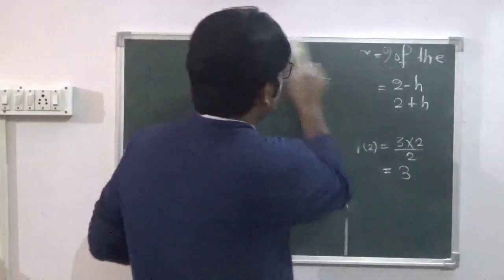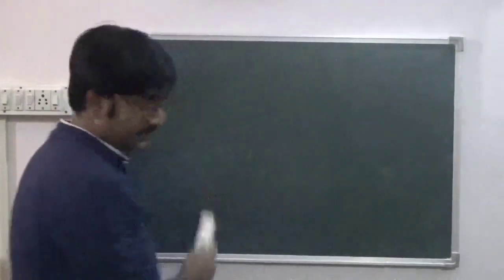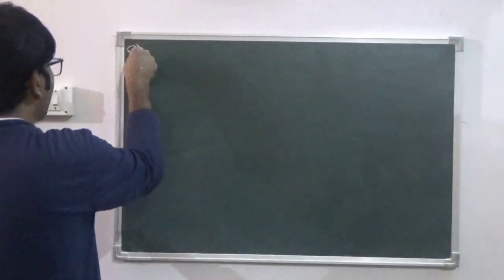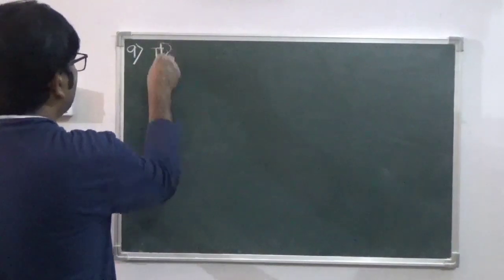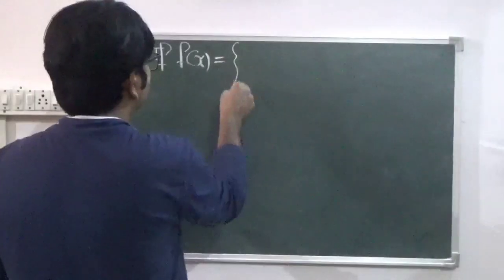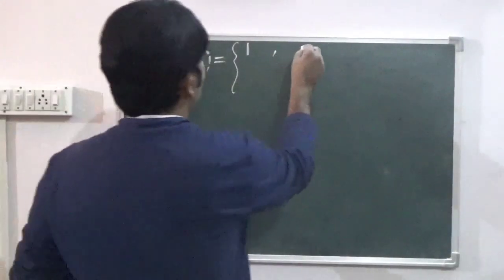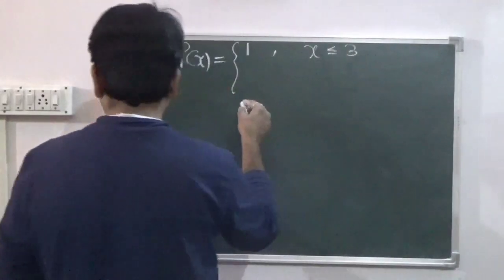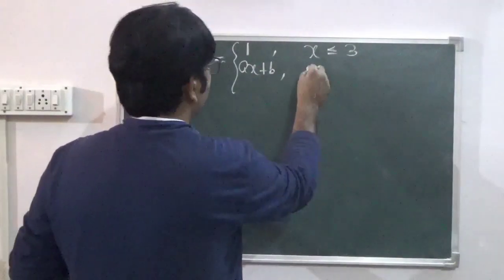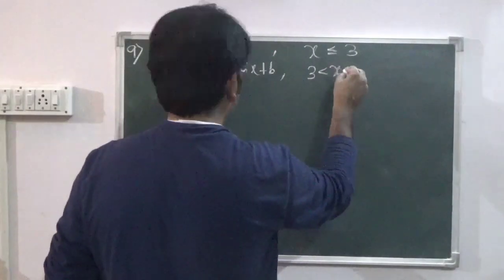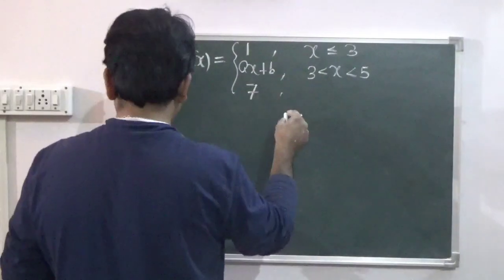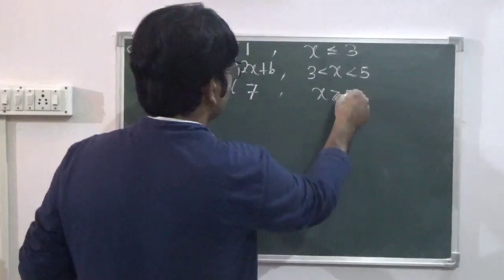Now we will take another question, that is question number 9. If f(x) equals 1 when x is less than or equal to 3, ax plus b when x is greater than 3 and less than 5, and 7 when x is greater than or equal to 5.